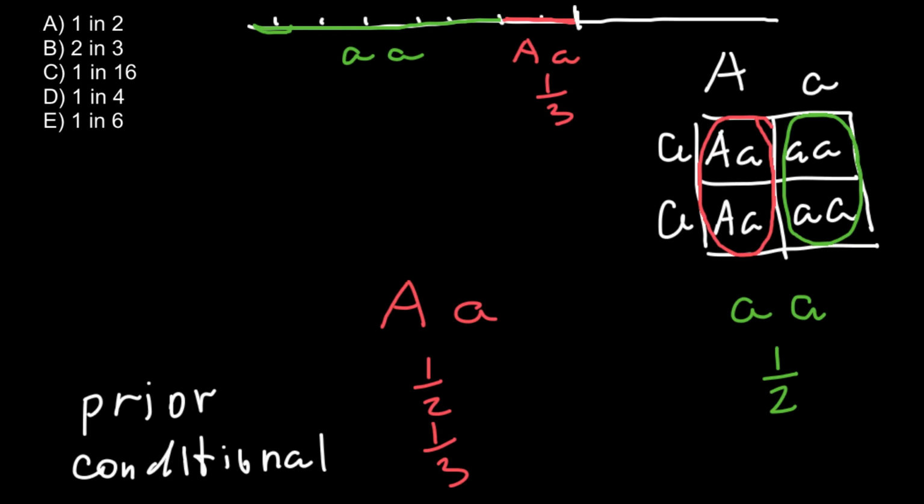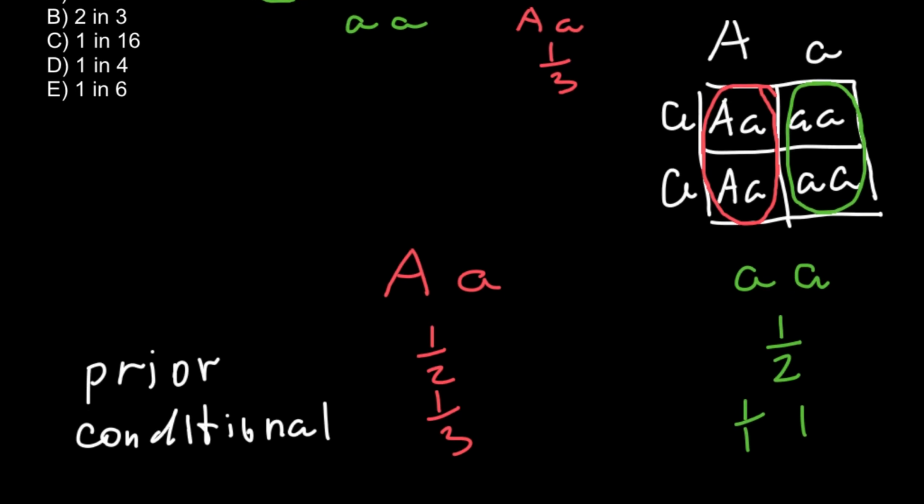So in this case we can say that 1/1, or just 1, would be the probability that this person is genotypically and phenotypically normal.